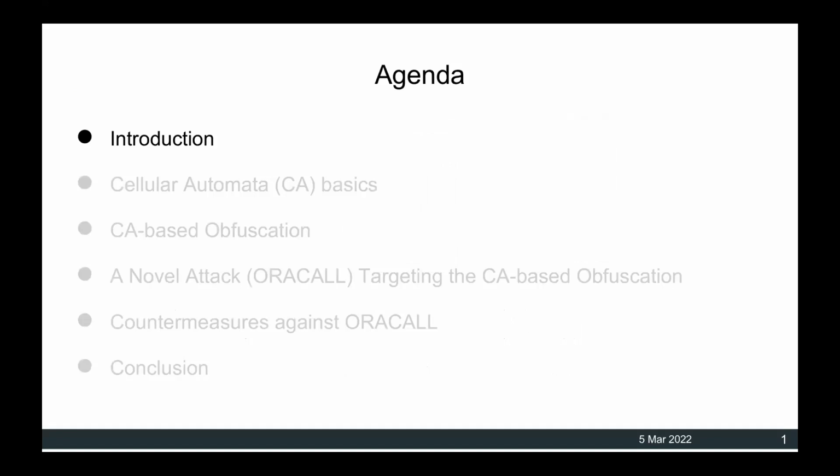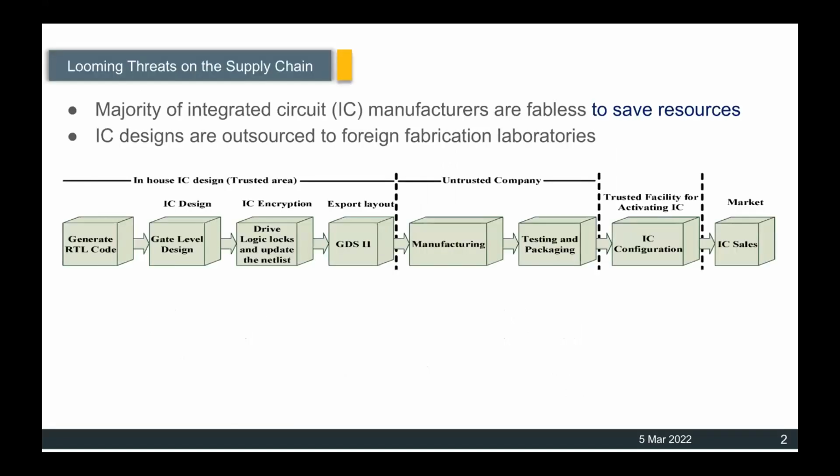So with this background, let me first define the problem. We know that our integrated circuit industry is growing and has become extremely enormous, along with the growing magnitude of the design cycle.